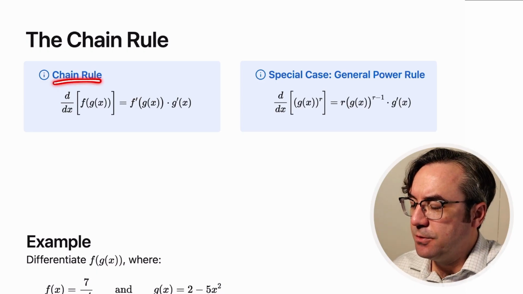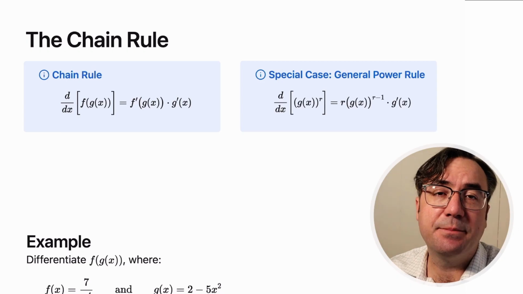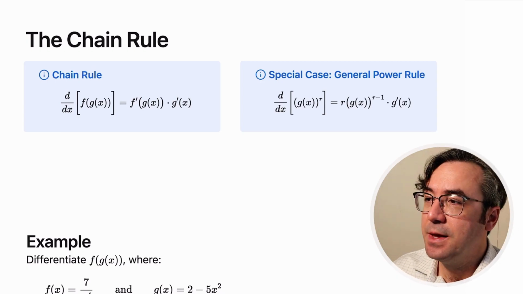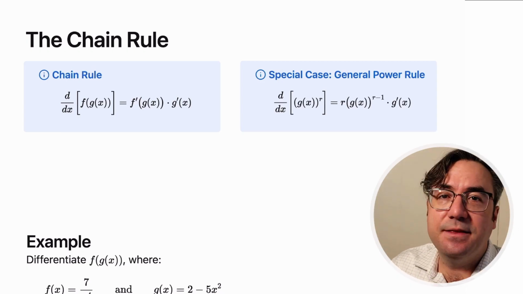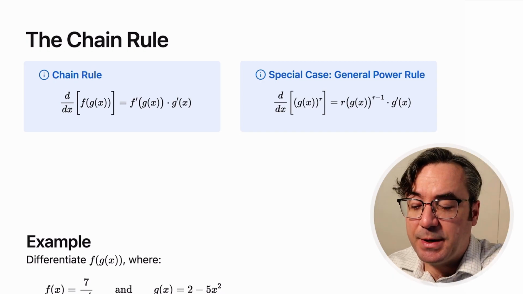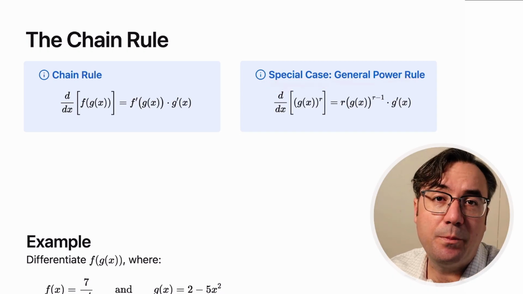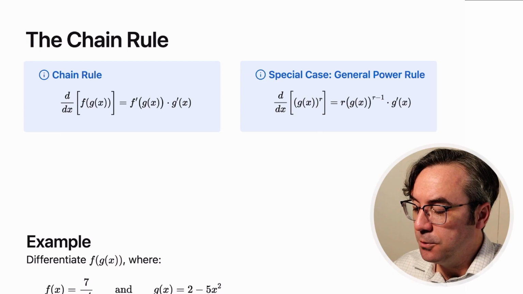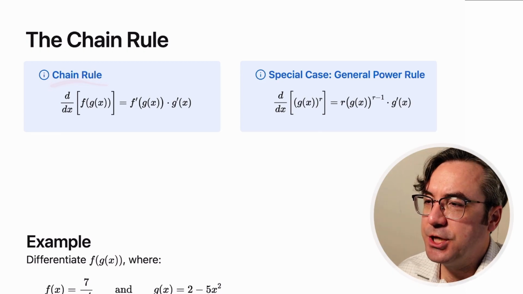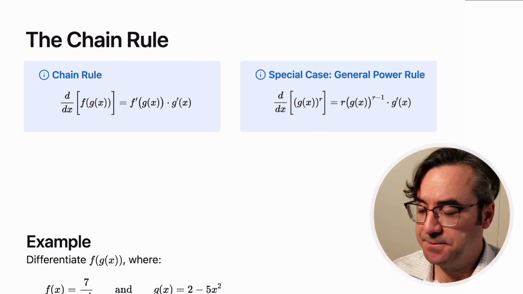So the special rule that helps us differentiate these composite functions is called the chain rule. And we've actually seen a special case of it already, called the general power rule. So let's read through the chain rule and see what it's telling us.